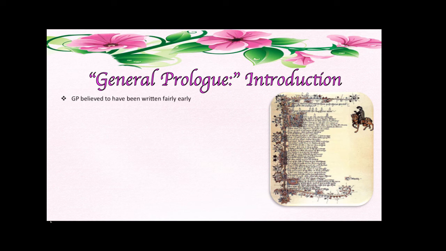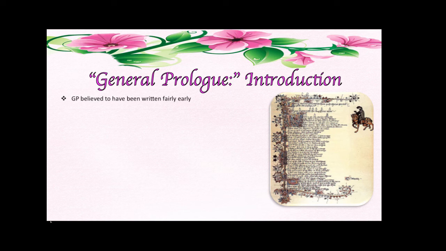And those groups are called fragments. So scholars are fairly sure about the order of the stories within each fragment, but we don't really know in most cases what order the fragments go in. However, it is believed that the General Prologue was written fairly early in Chaucer's composing process.